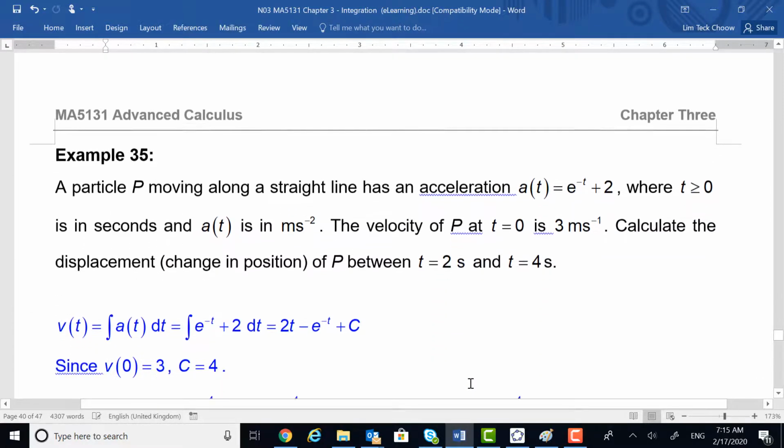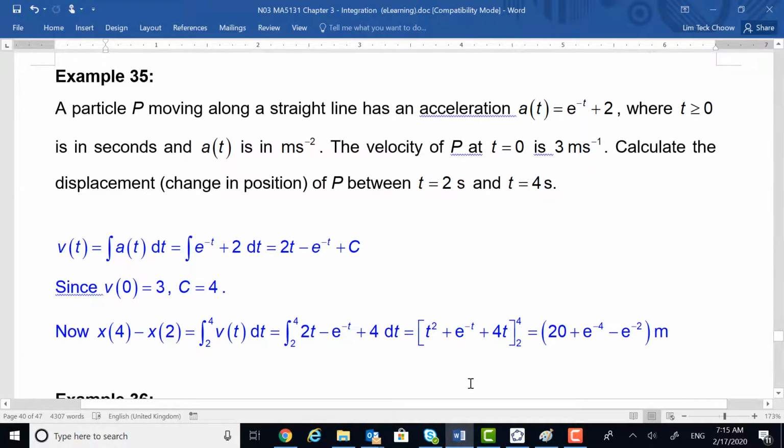Let's do an example. Example 35. So now in this case, you have your acceleration, and then your velocity. When t is 0, the velocity is 3 meters per second. So you can calculate the change in displacement. To calculate the change in displacement, you first and foremost work out the velocity expression.